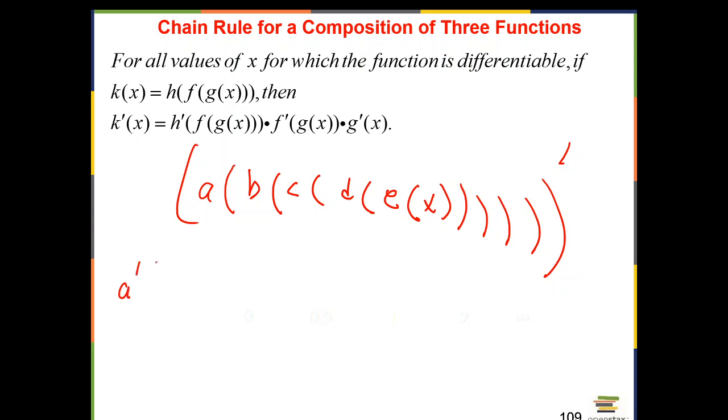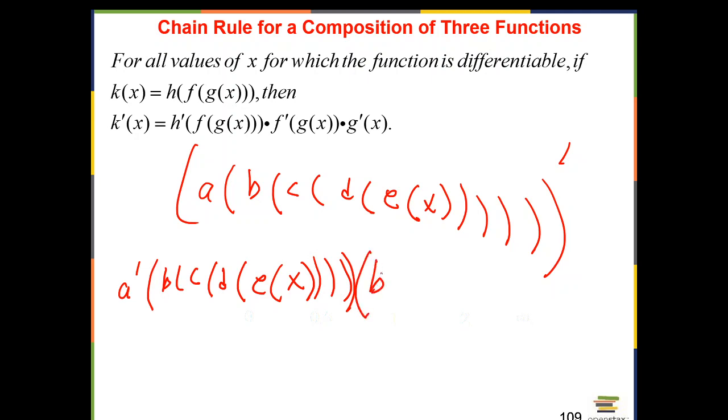a prime of all that, right? Which is b of c of d of e of x, times what?